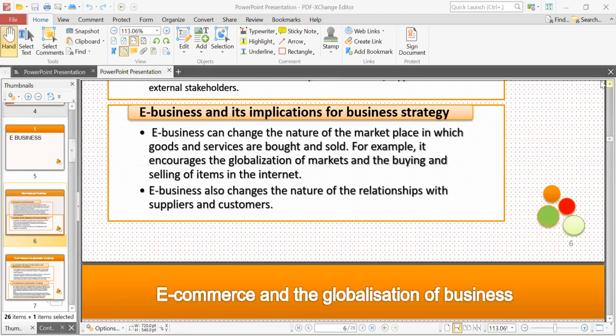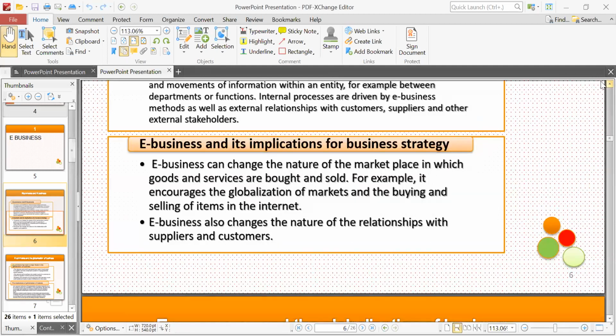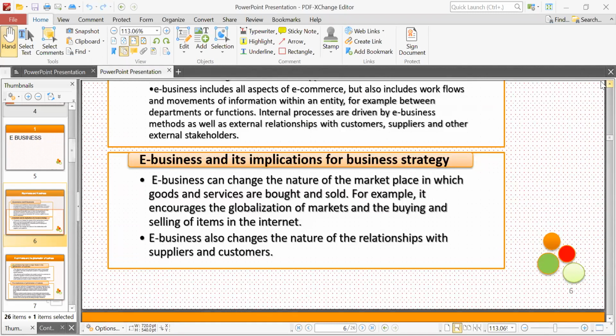Okay, so most times people use e-commerce and e-business interchangeably. E-commerce in simple terms is just buying and selling online, like Caleb said. Purchases and sales. That's e-commerce.